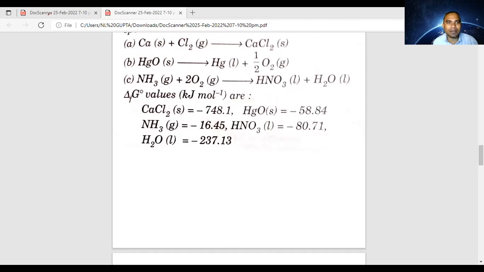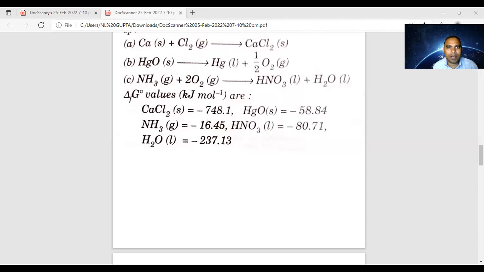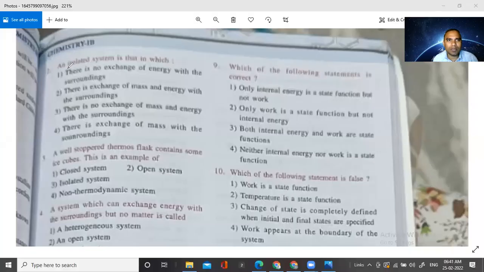It may be blurry, but it is visible. Yes, sir. I shared this one. Now the screen is shared.